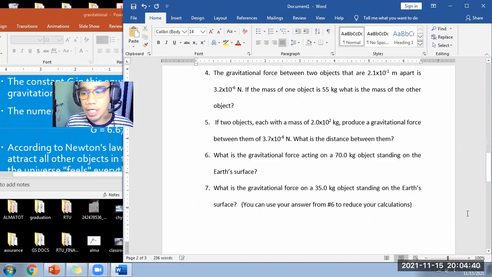So what is the gravitational force of an object 35 kilogram standing on the Earth's surface? You can use your answer from number 6 to reduce your calculation. So parang ano lang yan, from 70 naging 35.